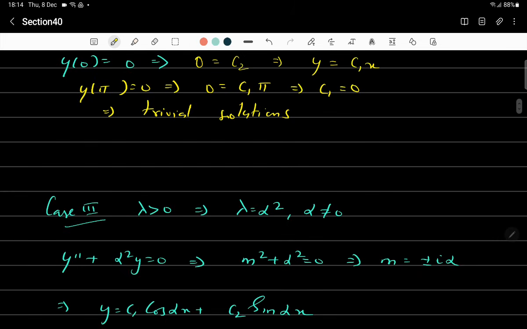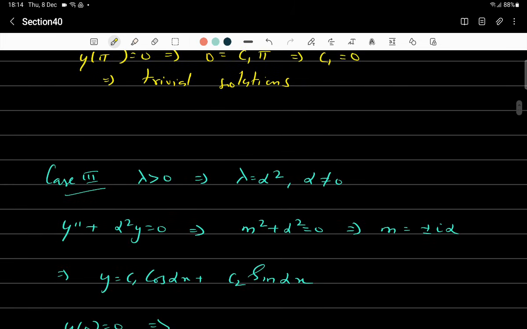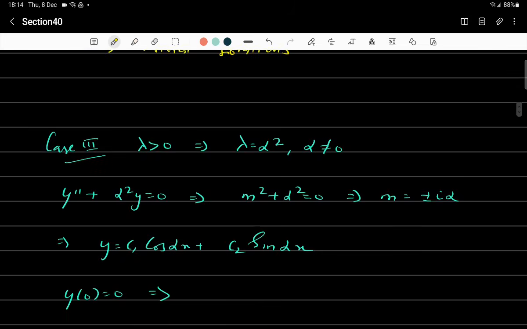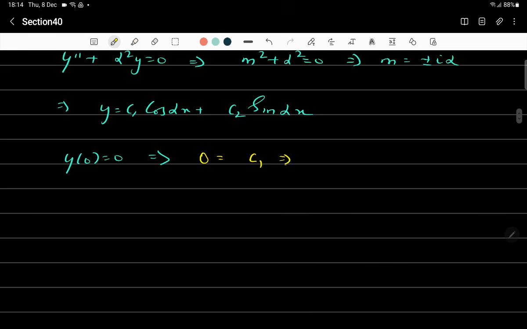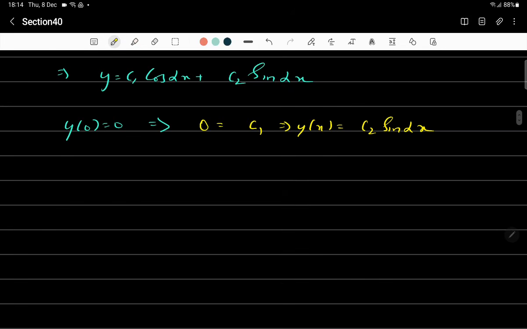Last case is lambda greater than 0. In that case the auxiliary equation would have complex roots, and that's why the solution would be c1 cos alpha x plus c2 sin alpha x. If I consider y of 0 equal to 0, that gives me c1 cos 0 plus c2 sin 0, and sin 0 is 0. So that gives me c1 equal to 0, which implies y of x is c2 sin alpha x.